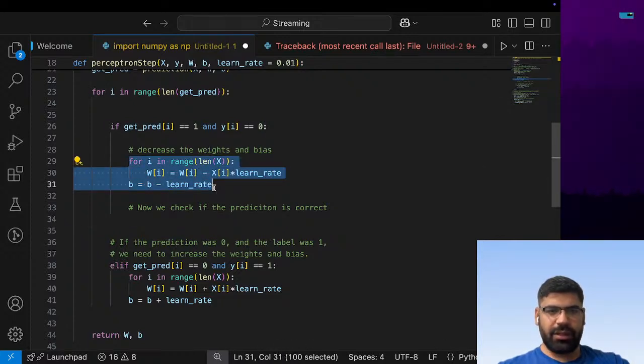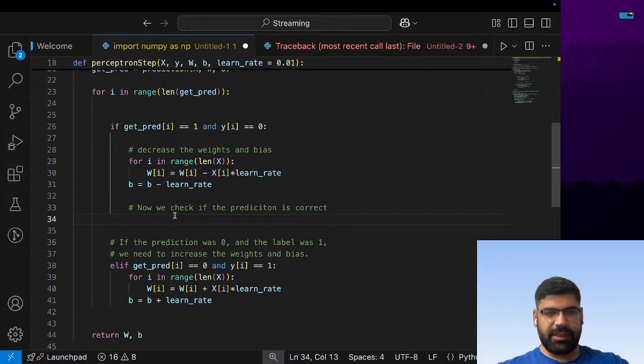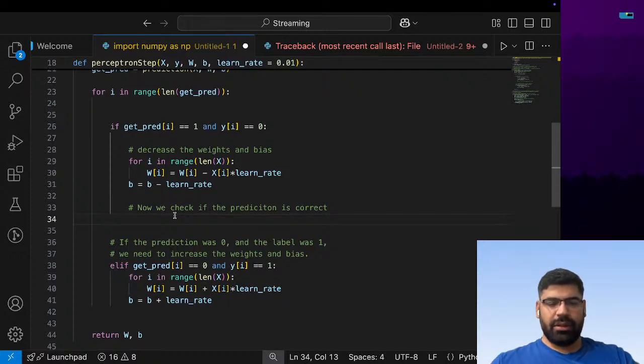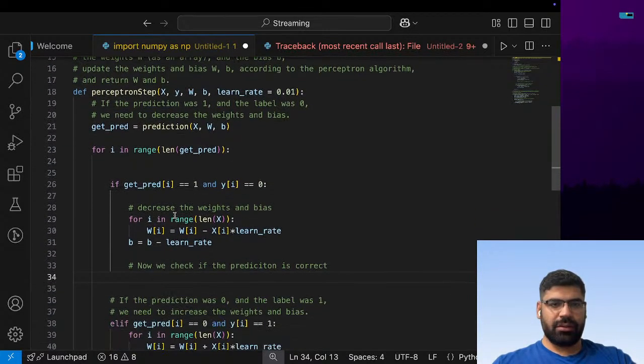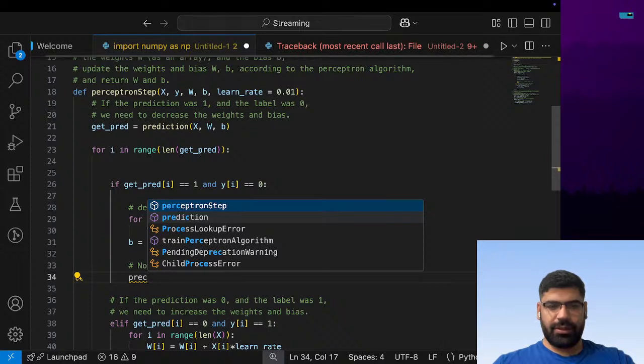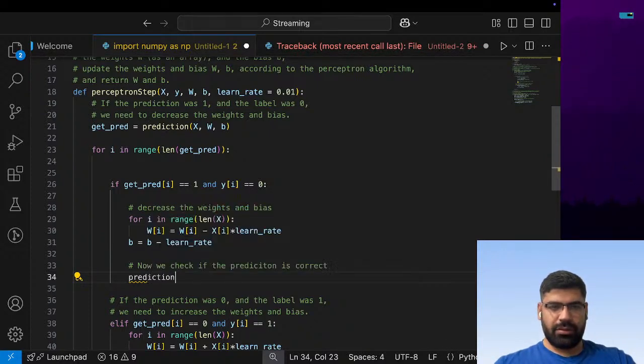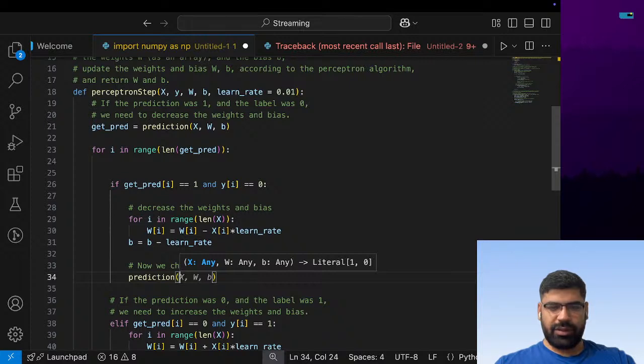For every weight, reduce this, including the bias. Get prediction. So prediction for just this one.